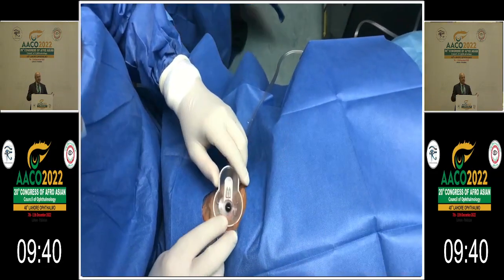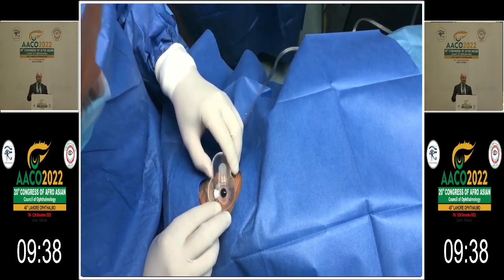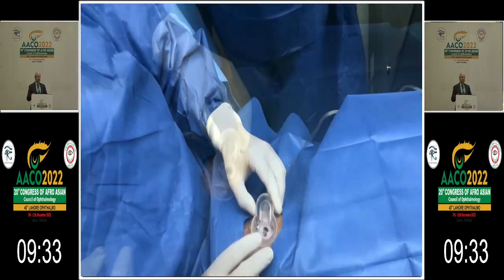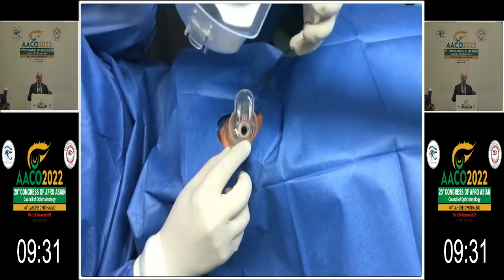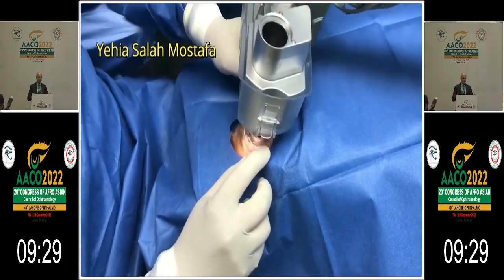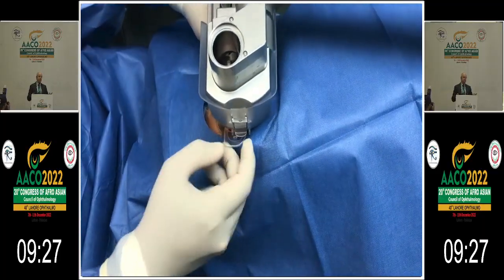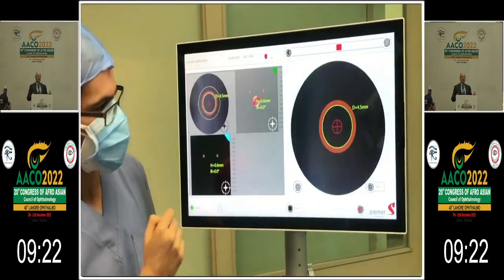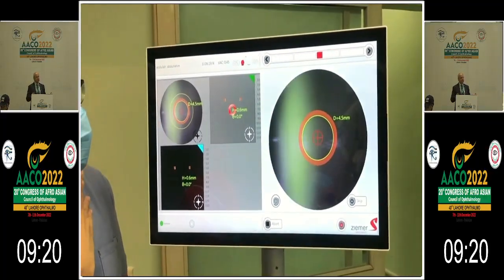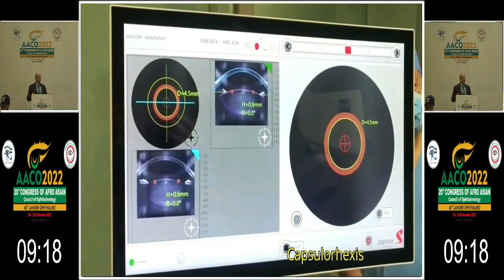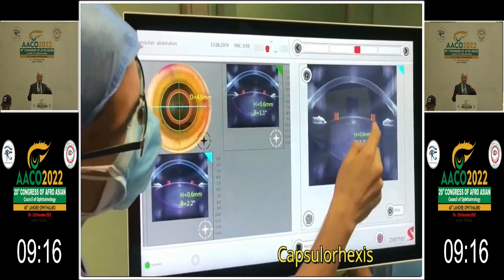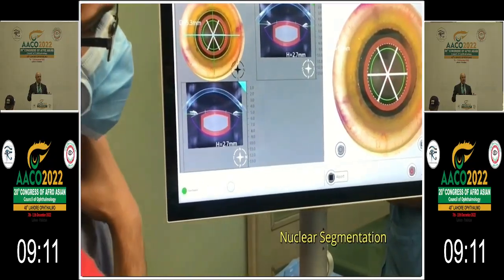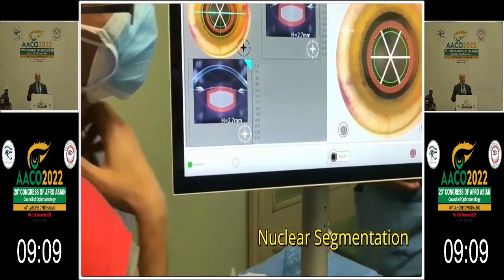So the machine, at the beginning I use the Zimmer, which is a very mobile, easy to use system, and it uses this way of docking, and it's a water interface. The water interface is very useful because there is no high increase in the intraocular pressure, and in a shallow chamber, it's very easy to plan your incisions and do the capsular access.